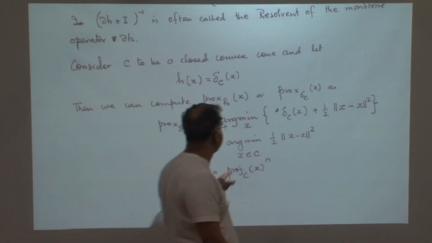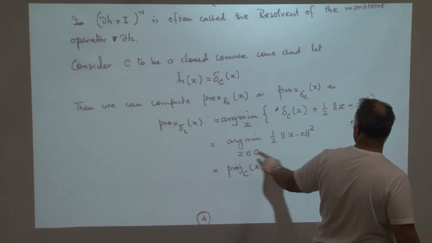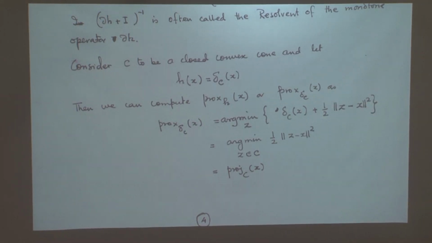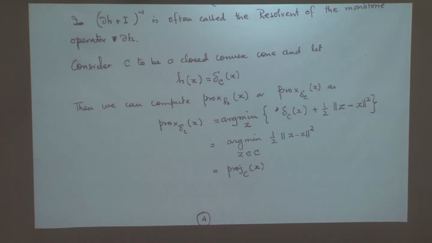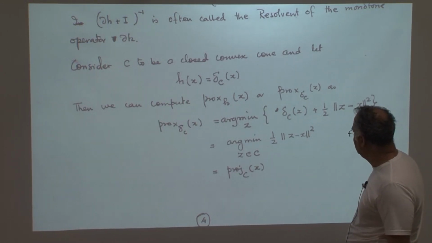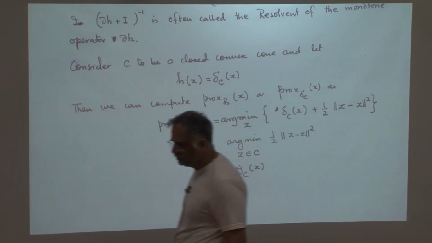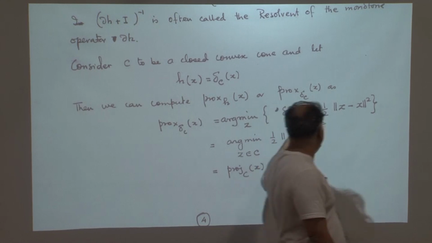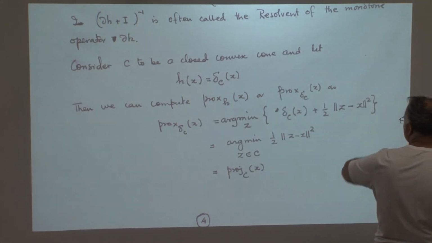It will be del C x plus half z minus x whole square.